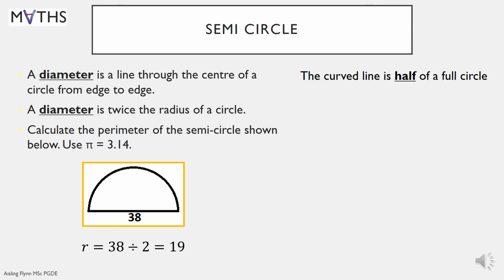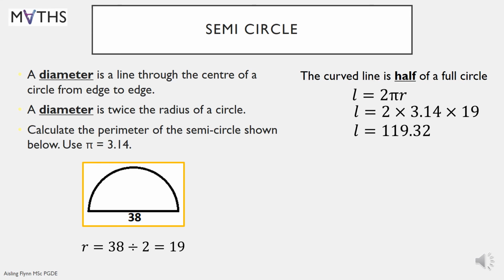Now, the curved line of our shape here, remember we're going all around the outside, is half of a full circle. So we can use our circle formula, substitute 3.14 for pi, and 19, not 38, 19 for the radius. And calculate, and that's the answer I get.